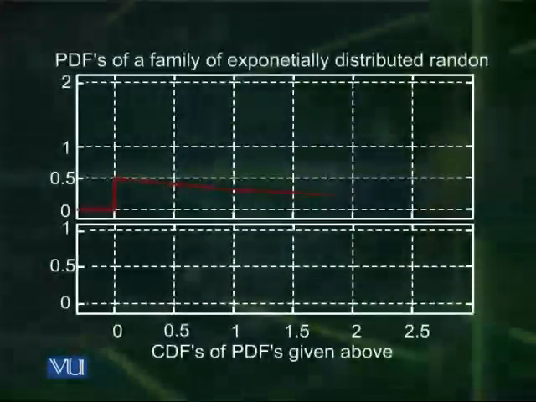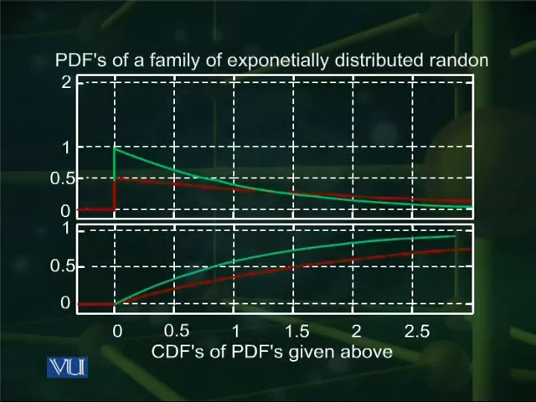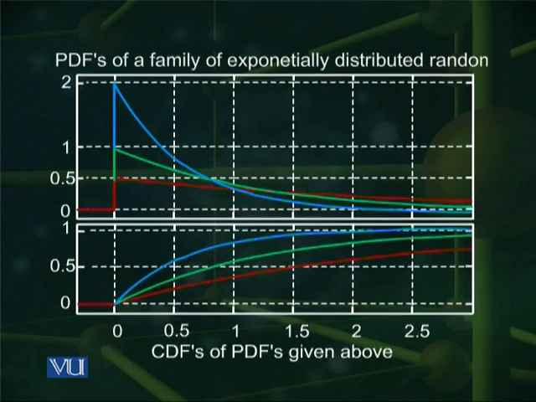You can see on this slide where three such members of exponential random variables are shown. The top part of the slide shows the PDF of the three exponentially distributed random variables, and the lower part of the slide shows the CDF of the three random variables. These graphs were obtained by using values of lambda which are equal to 0.5, 1, and 2.